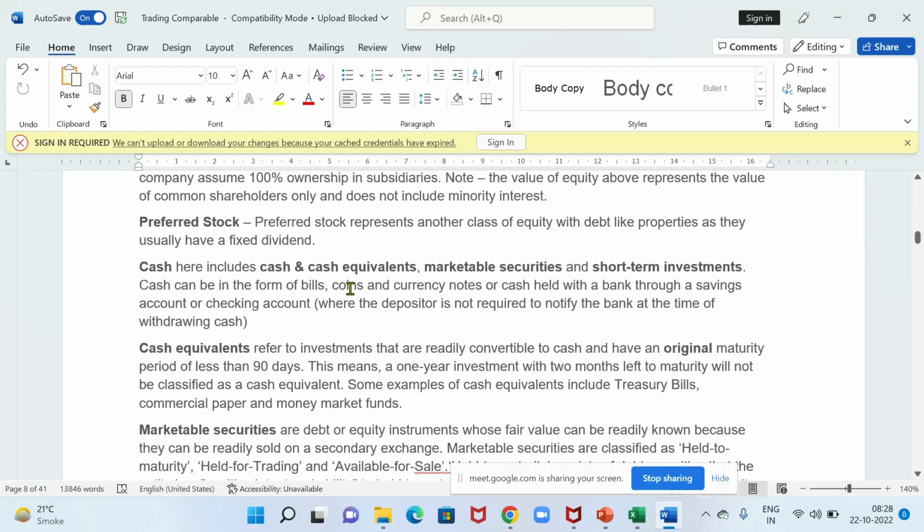So if you look at the balance sheet, you'll see a line as cash and cash equivalents or cash at bank. All these instruments which can be converted into cash in the short term are treated as cash and cash equivalents. Remember, only short term. You will see long term investments in the balance sheet under non current assets. We need to ignore that.